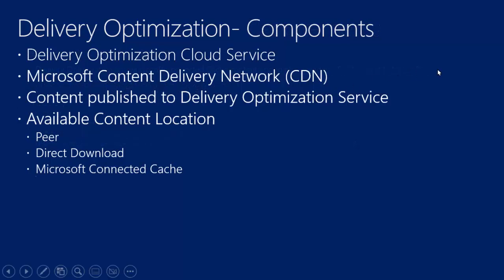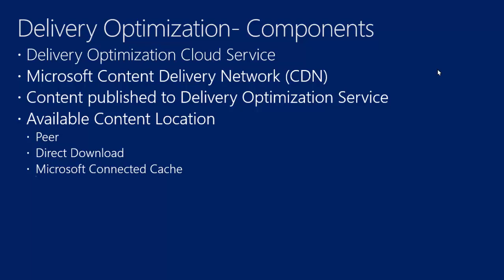Okay, so the components of Delivery Optimization, a few, right? There's the Delivery Optimization cloud service. That is the heart and soul of Delivery Optimization, where your devices will communicate, get instructions from, etc. Right? But then to make Delivery Optimization happen, the content that you care about has to be published to the Delivery Optimization service so it knows about that content. Again, that doesn't mean the Delivery Optimization service is going to store all of the content. Frankly, that's my belief.